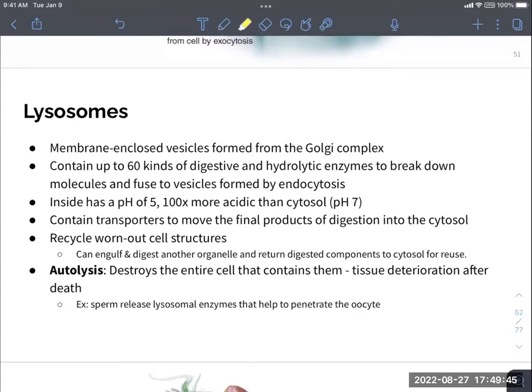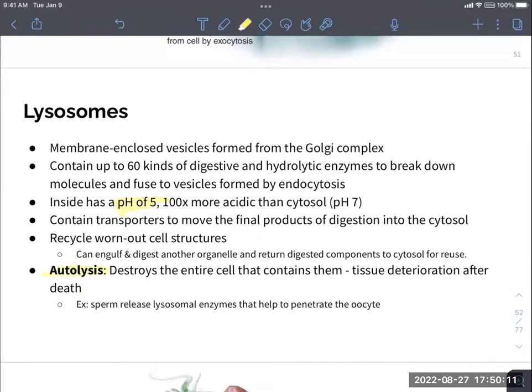They recycle cell parts, cell structures to be used again. The inside of lysosomes actually have a pH of 5. That pH of 5 is what helps them digest cell parts. Through the process of autolysis, they can also destroy the entire cell.